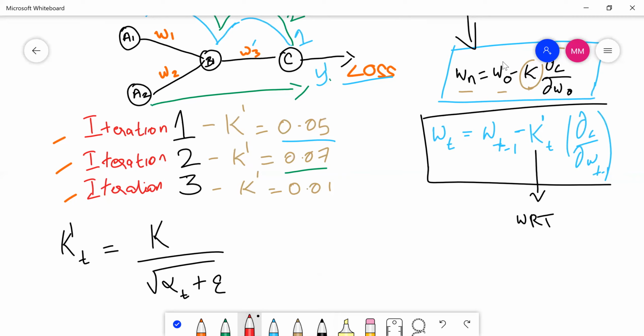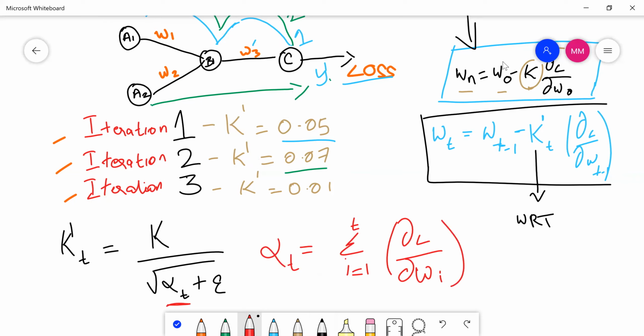Now what this alpha means: alpha with respect to t is equal to the summation of i equal to 1 to time t of the derivative of the loss with respect to the derivative of W of i, the whole squared.